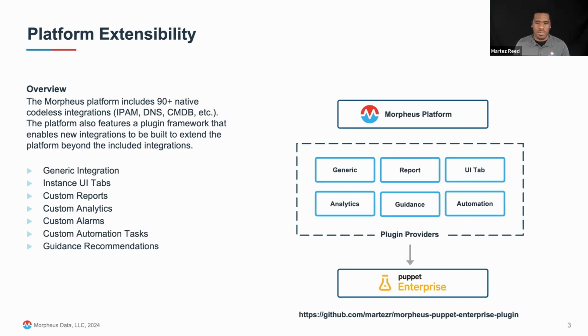We're going to expand upon that as we go, tying into things like instance UI tabs, custom reports, custom analytics, custom alarms, custom automation tasks, and then finally guidance recommendations within the Morpheus platform.